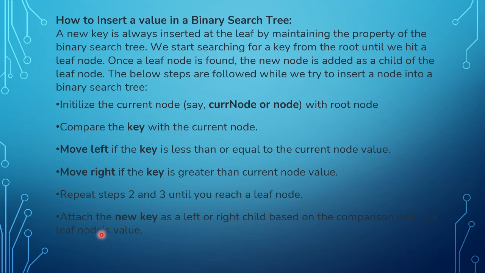What do we mean by leaf node? Leaf node means the node which doesn't have any child nodes. Attach the new key as a left or right child based on the comparison with the leaf node value. So this is what happens in the insertion operation in a binary search tree.